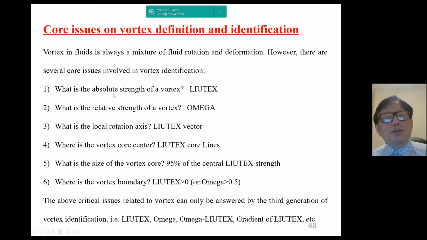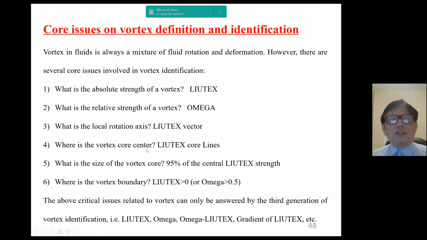One is, what is the absolute strength of the vortex? What is Rortex? Rortex is twice the angular speed. Then what is the relative strength of vortex? It's Omega. Omega is the relative strength. Then what is the local rotation axis? This is the Rortex vector.